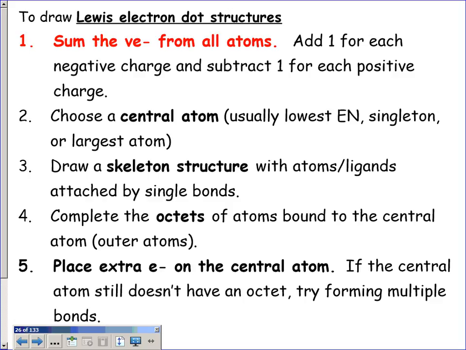So carbon has how many valence electrons? 4. And fluorine has 7, so 4 times 7 of them. Good, because fluorine has 7 valence electrons, as it is in the 7th group. So total valence electrons, 32.